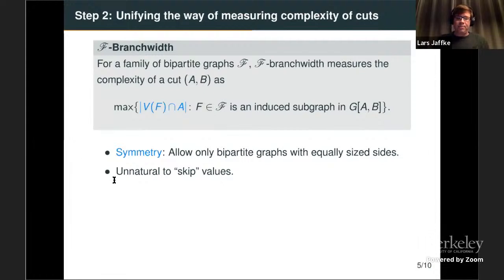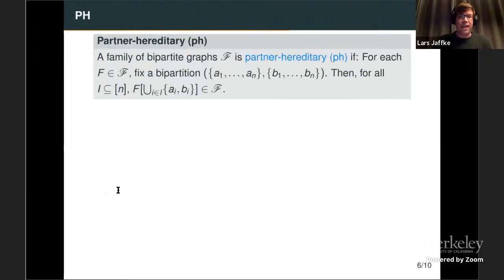And therefore, we require that this family has to have a property we call partner hereditary, which is the following. You look at these bipartite graphs and you partner up every vertex on the left with one vertex on the right.